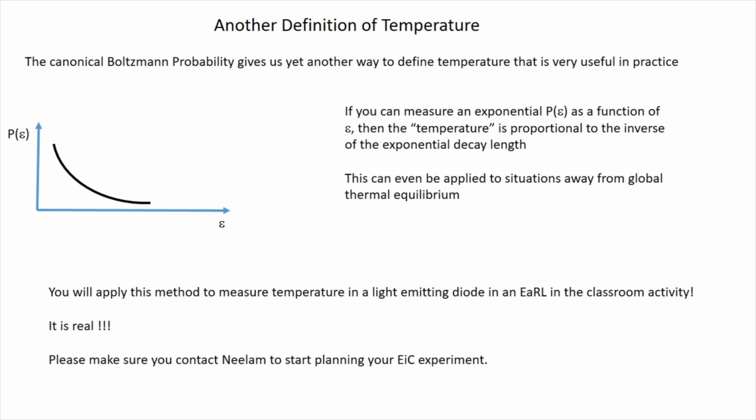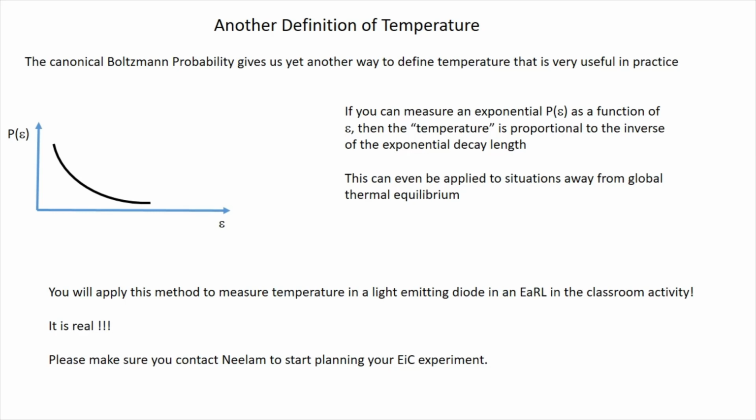And you actually use this quite a lot in experiments. I do it in my lab. You're going to do it in your early in the classroom activity, which you should be already planning. So this is real physics that comes up all the time.